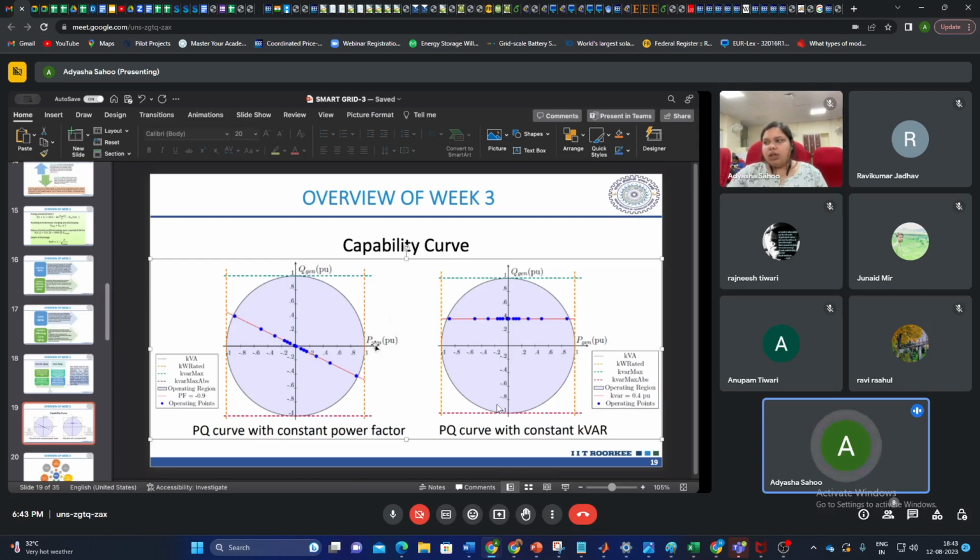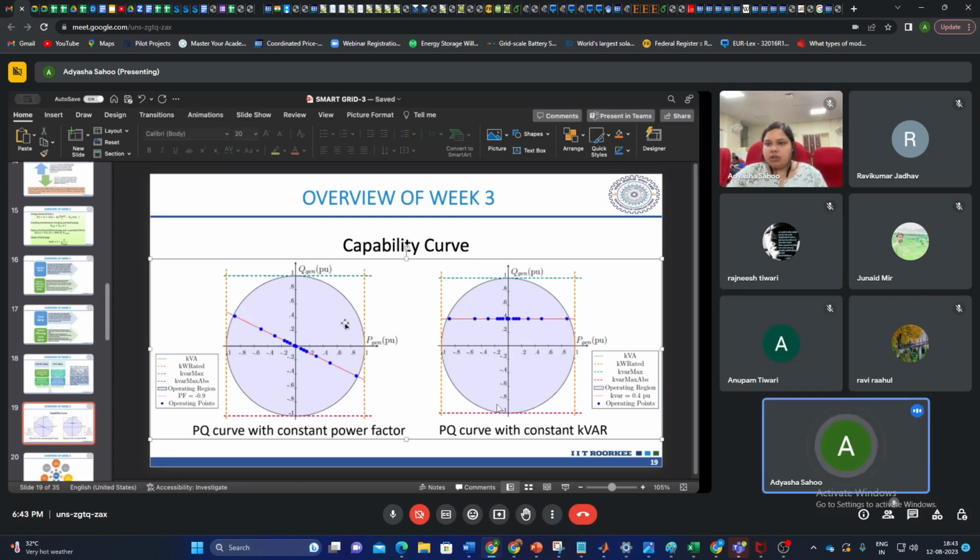I think I may help you. Look at the x-axis. Here we are having P generated. So we are having some positive P generated, we are having some negative P generated. Negative P generated means it is P load. So with this feature, can we identify what it is? The second one is battery, the first one is thermal generator.